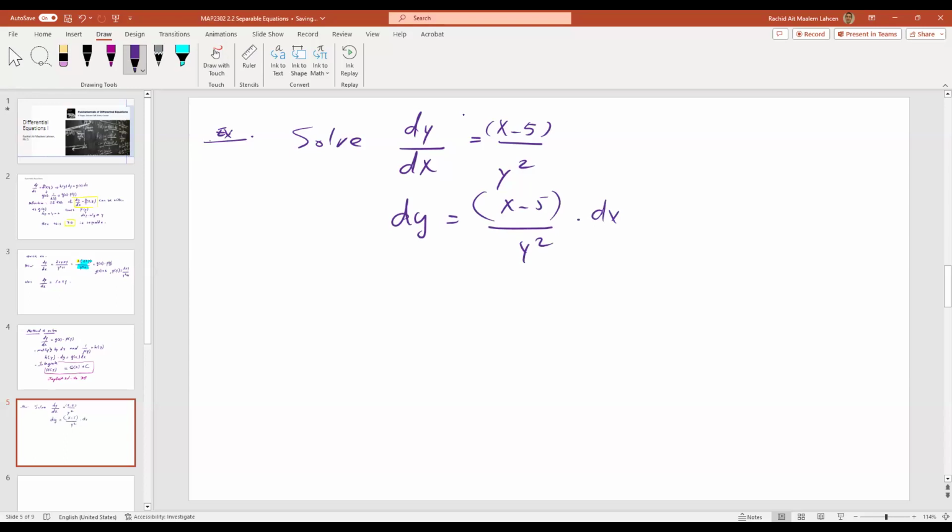Then you're going to multiply by 1 over dy, which is 1 over y squared dy. So you multiply by y squared both sides. So you get y squared dy equals x minus 5 dx.